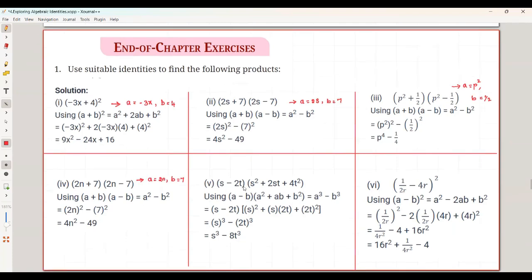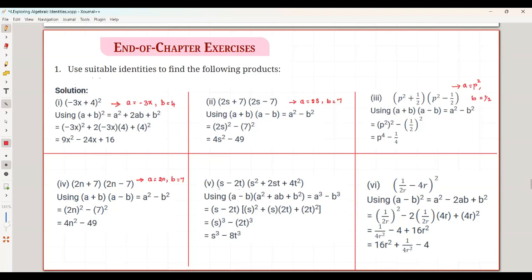Now the fifth one is (s - 2t)(s square + 2st + 4t square). So we have the identity for this also. This is in the form of (a - b)(a square + ab + b square). The formula is a cube minus b cube. This is a, this is b.